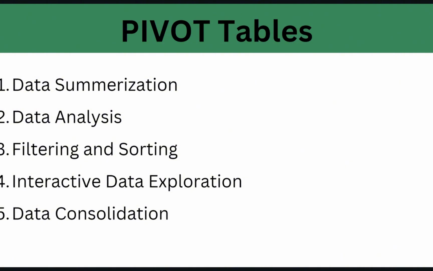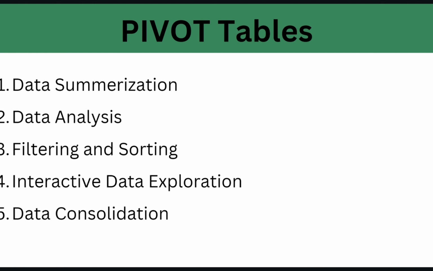The first one is data summarization, because of which pivot tables can quickly summarize the data by aggregating values such as sum, averages, counts, and more based on the specified categories. The next one is data analysis, where users can explore the data by creating different views and perspectives, making it easier to identify trends, patterns, and outliers.